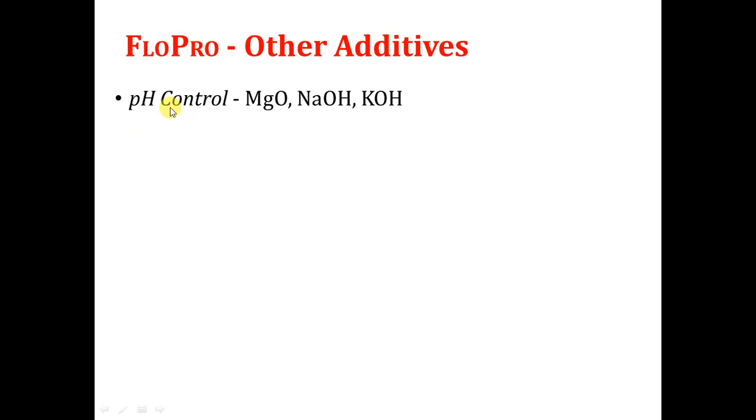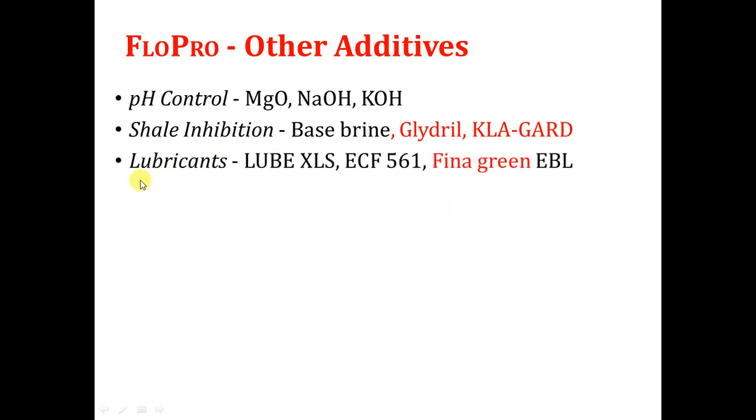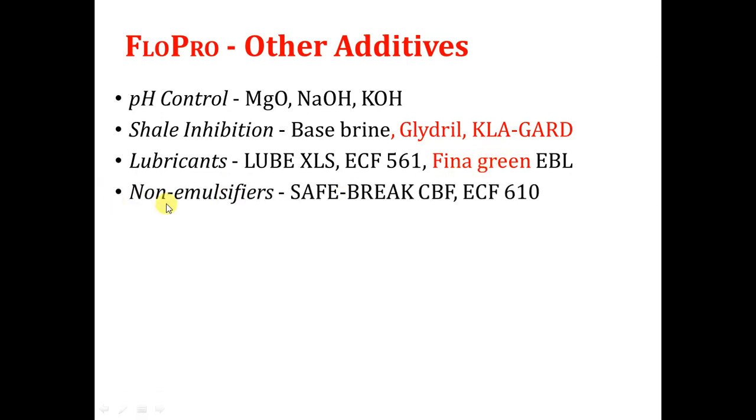Okay, the FlowPro other additives. What are the other additives? We can use pH control like MgO or NaOH or KOH, shear inhibition, and as I told you, we are using the Kla-Stop or Kla-Guard, for example, because these are very important and they are polyamine, not asphaltic material. Lubricants can be used, for example, Radia Green or Fina Green is the most important one.